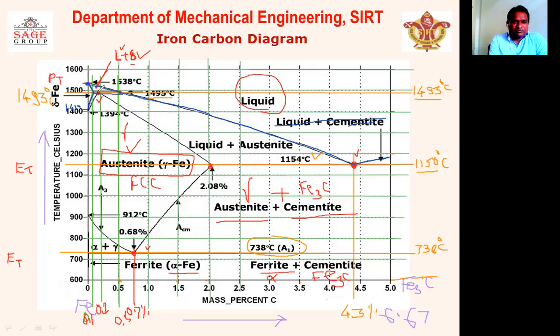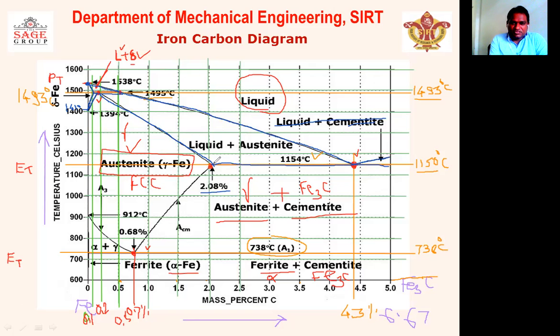Then this point also you have to join to the 1410 degrees Celsius. Then join this point to this point on the eutectic temperature line where the weight percentage of carbon is 2.08% or 2%. Then join these two points through a straight line like this.